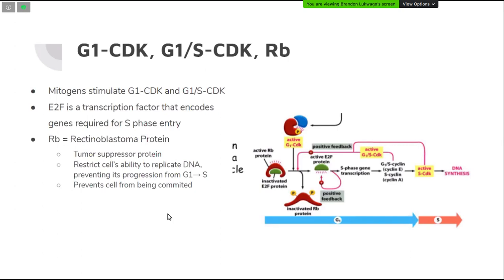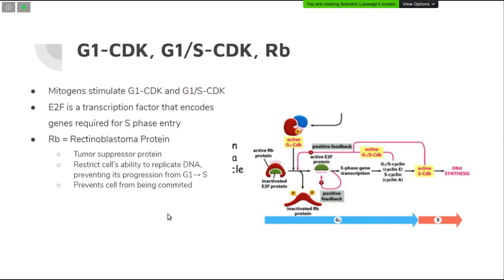So basically, mitogens allow cells to commit, whereas RB proteins prevent it. Another molecule is E2F, which are transcription factors that push cells into the S phase, and it transcribes CDKs for further cell synthesis.